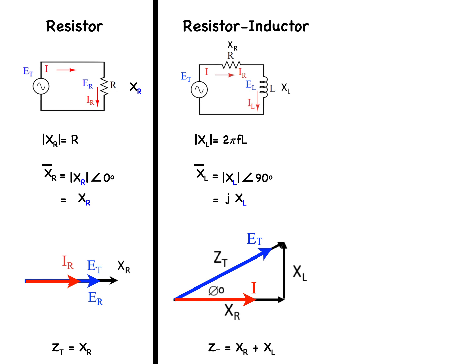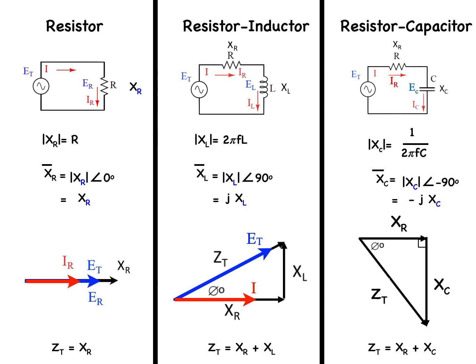That is the result of adding the reactance of the resistor and the reactance of the inductor together, and it gives us the same phase angle as the phase angle between ZT and XR, which is the phase angle for the impedance as well as the voltage and current of this series circuit.